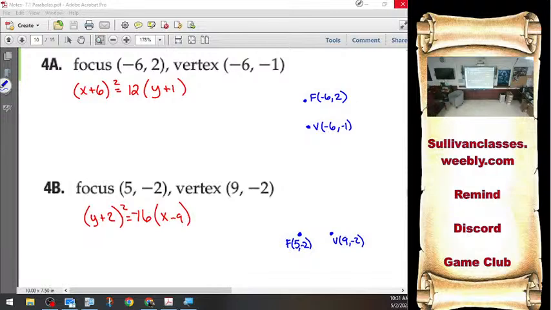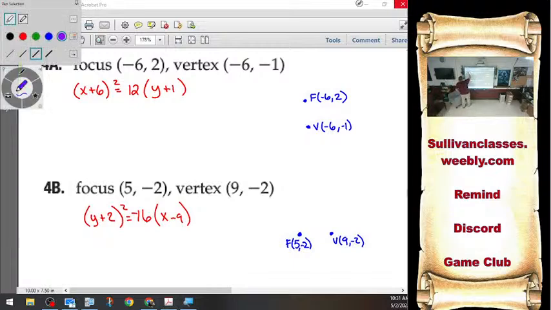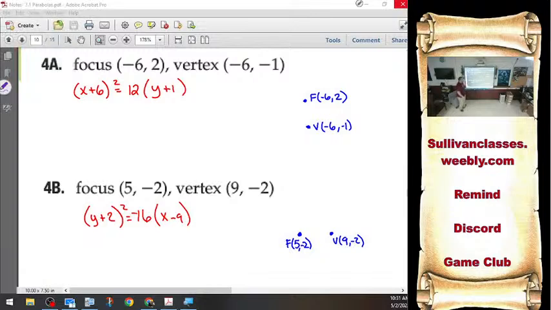You can gain a lot of information from just 2 points. A parabola always opens towards its focus.